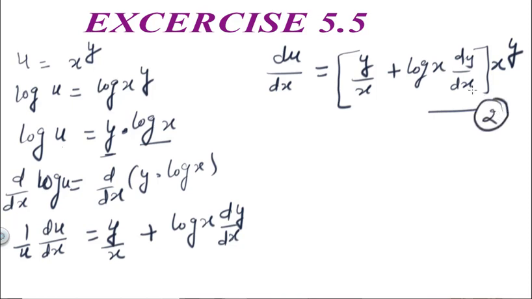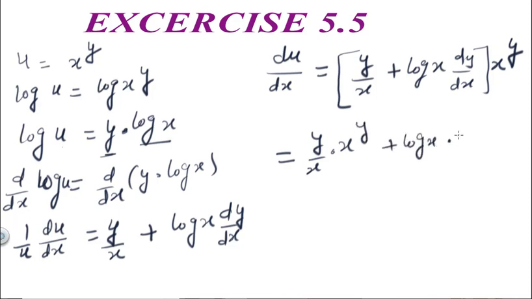Okay, we will put this value in the next equation that we have, or we can also simplify it more and then place it in the equation, because after all we have to multiply this x to the power y inside. So you can write y upon x into x to the power y plus log of x into x to the power y into dy by dx. We can write it like this also. This can further be simplified.